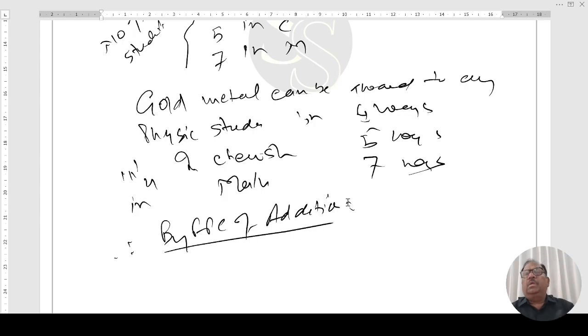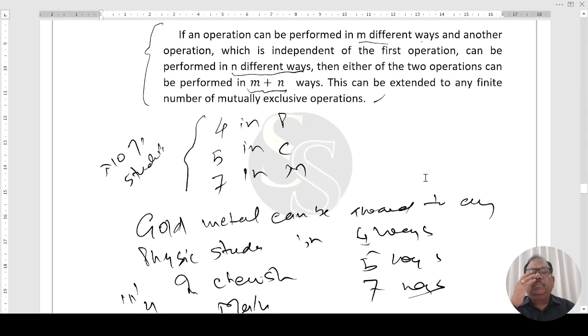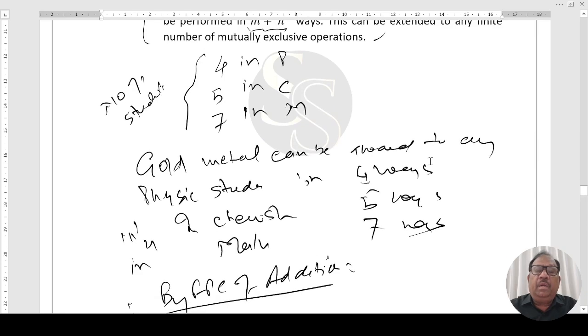Now in this case, what is our event? The event is to award the gold medal. If we award the gold medal to a physics student, the event is complete. Sub-event is not there, event is complete. Then it can be awarded to a chemistry student, and the event is complete.